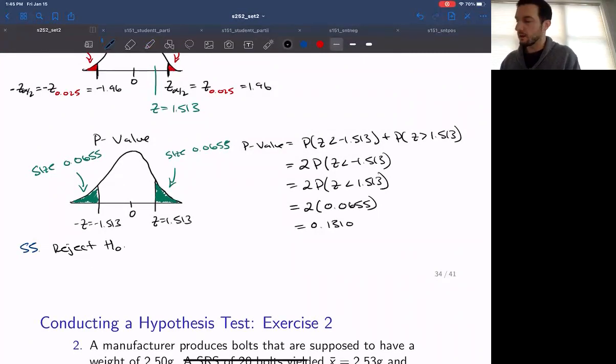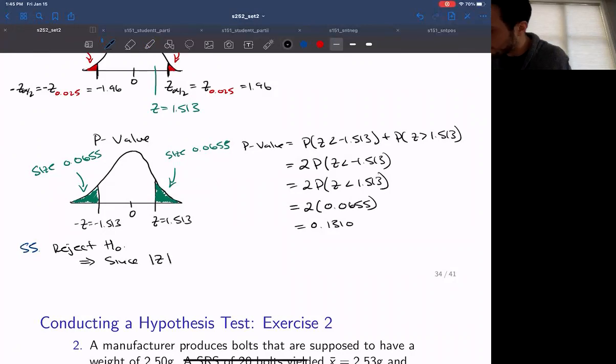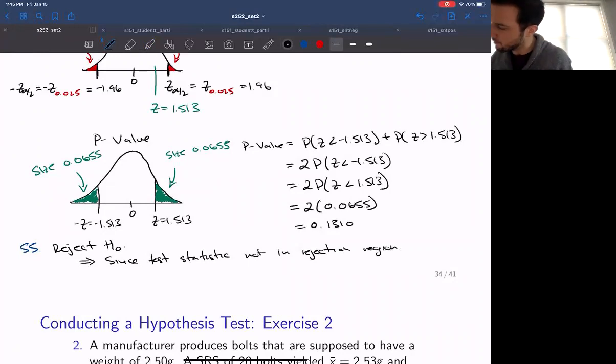We do not reject H0 since the test statistic is not in the rejection region.